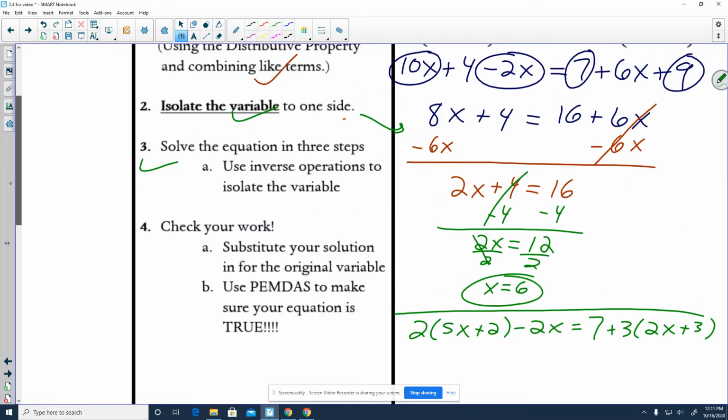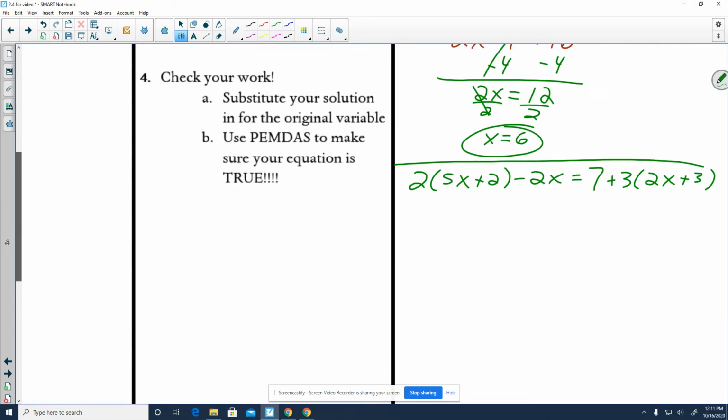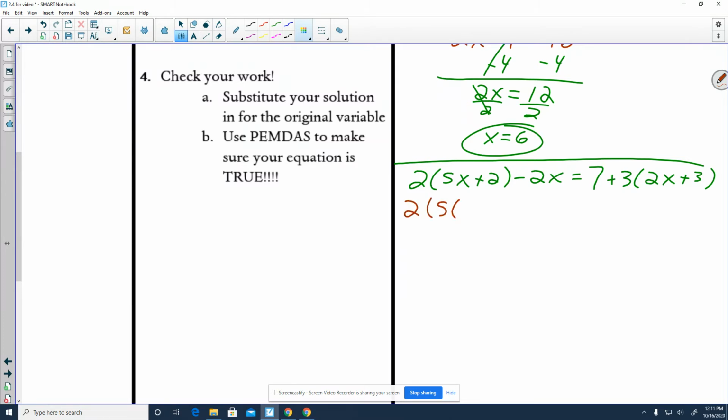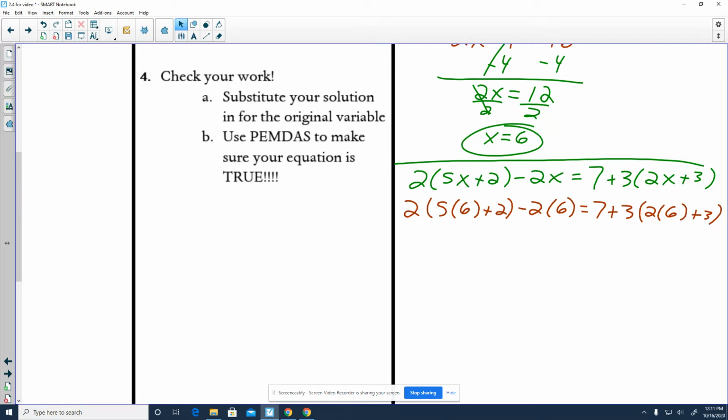All right? Okay, so now wherever we see an x, we're just going to plug in our 6, see if we get the right answer. So we have 2 times 5 times 6 plus 2 minus 2 times 6. We want to see if that's going to be the same thing as 7 plus 3 times 2 times 6 plus 3.